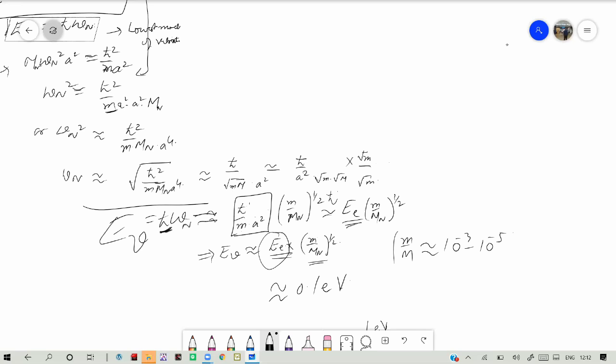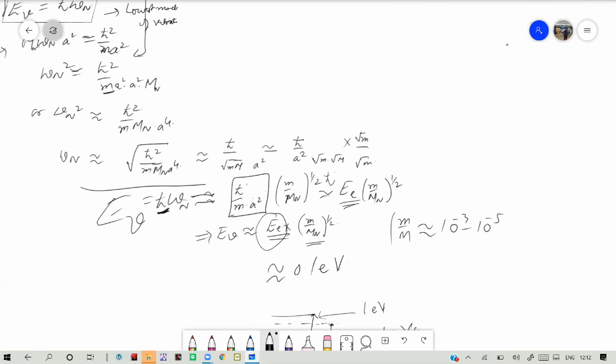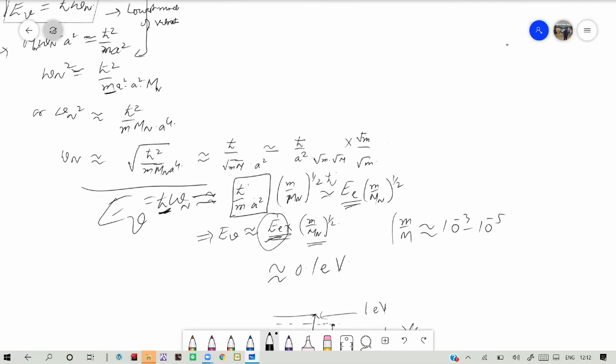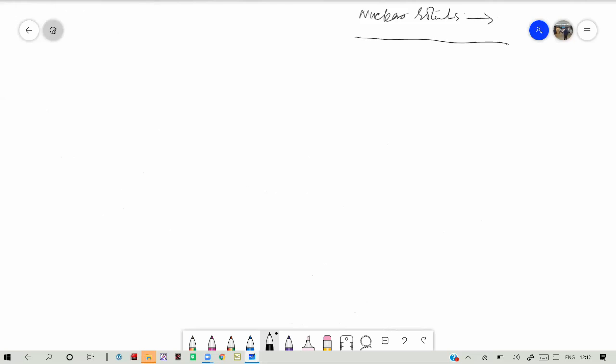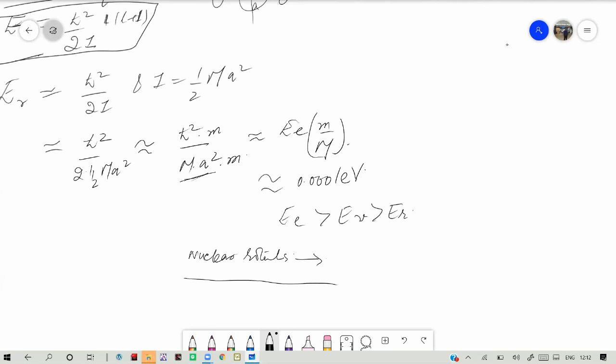That's how it becomes EE: h cut from this and h cut already in the omega n will make it h cut square. So that is EE, h cut square by m a square. And similarly, I have used that value here, h cut square by m a square, that is EE. And the general representation is that EE is greater than EV is greater than ER.